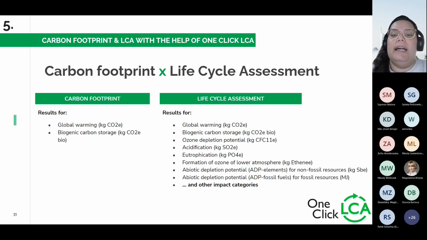So in the full LCA, we also have different types of indicators. For example, we have ozone depletion potential, acidification, eutrophication, formation of ozone in the lower atmosphere, and so on. So these impacts are not only going to measure global warming, but they are also going to measure other indicators that are environmentally important as well.